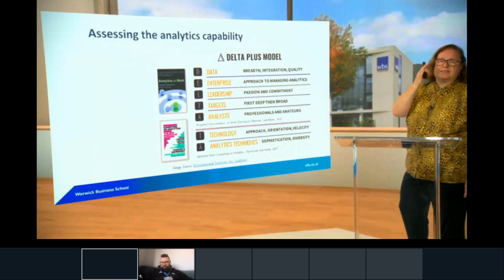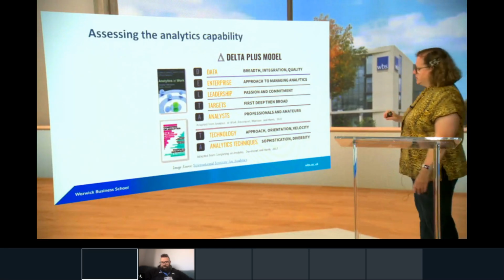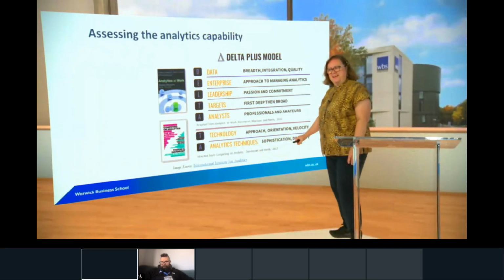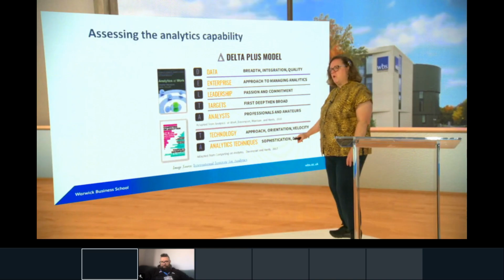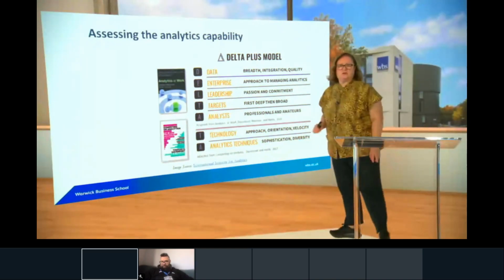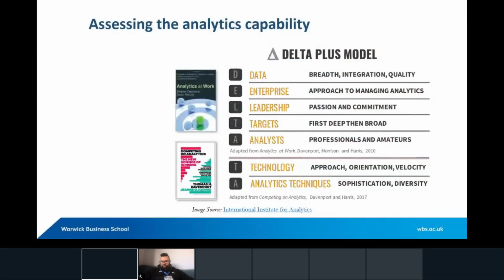Now, given what we said earlier about Davenport's attitude towards levels of sophistication, he obviously thinks that a more mature organization in its analytics journey is going to use more sophisticated approaches. So you could describe the organization's analytics capability using this framework.